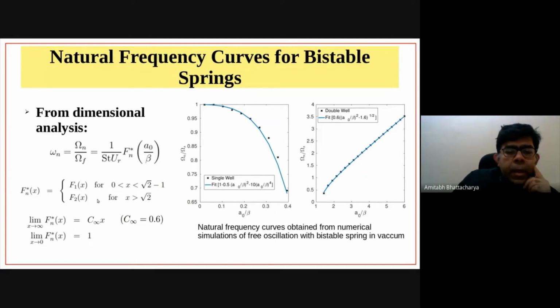This non-dimensional function is going to have two different forms, depending on whether my cylinder is undergoing single well oscillations or multi or double well oscillations.